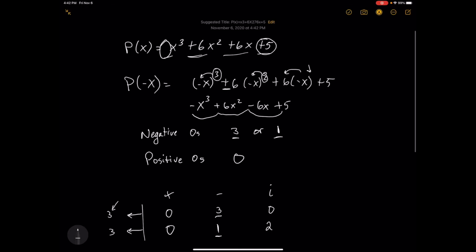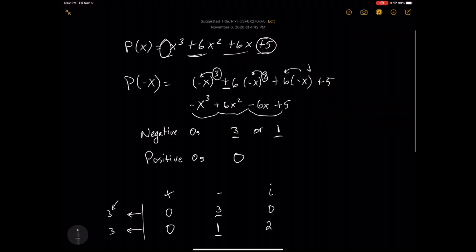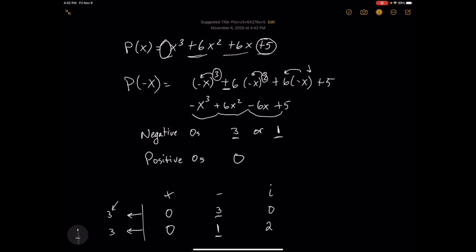So here, let me switch back to white. So the way that we'll do that, remember the quadratic formula is x equals negative b plus or minus the square root of b squared minus 4ac. It's kind of a shady a there, sorry. And this is all over 2a.